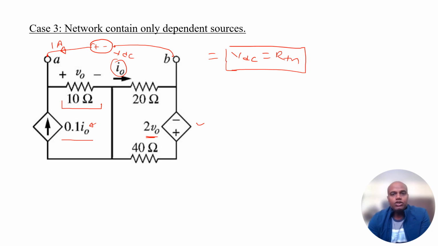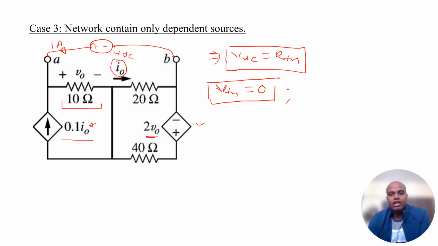The one thing we need to remember here is that if we don't have any independent sources in the circuit, then the VTH value will always be 0. So for such a circuit, the VTH value will always be 0.